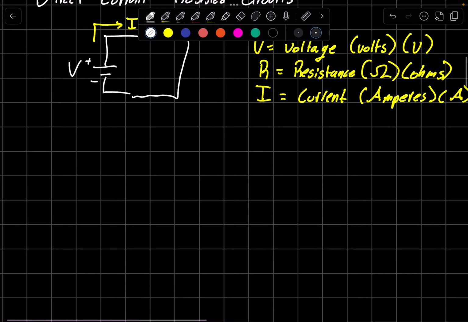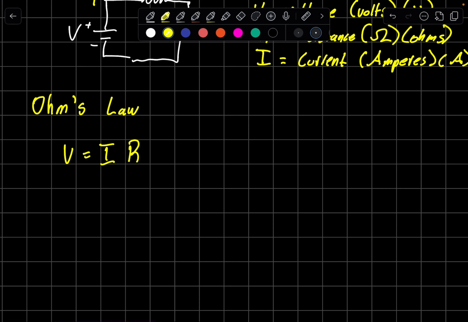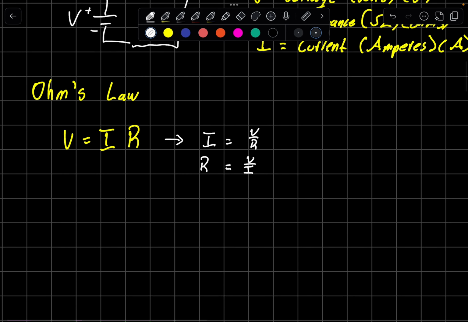So from this equation, you can solve for any other variable. Current equals voltage over resistance. Resistance equals voltage over current. That's basically the most important thing in these circuits. Ohm's law is overpowered. Okay, it's OP.